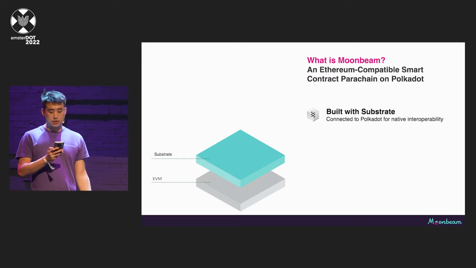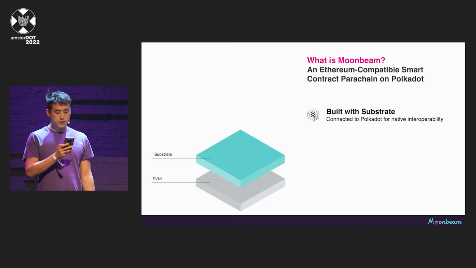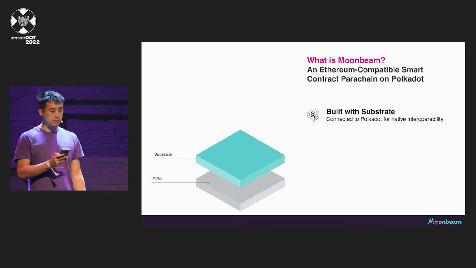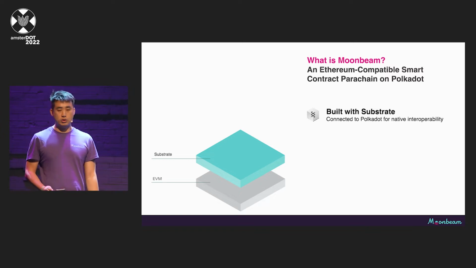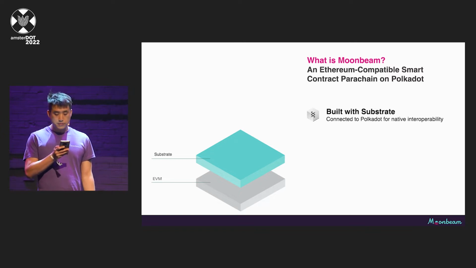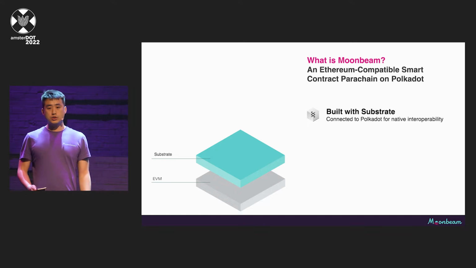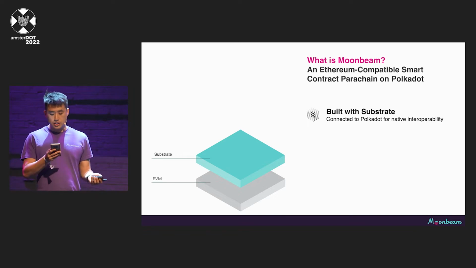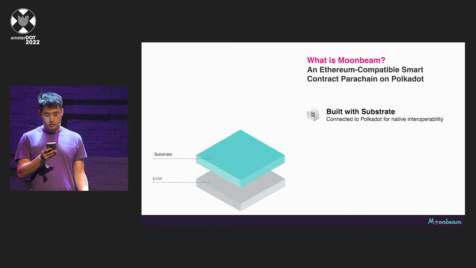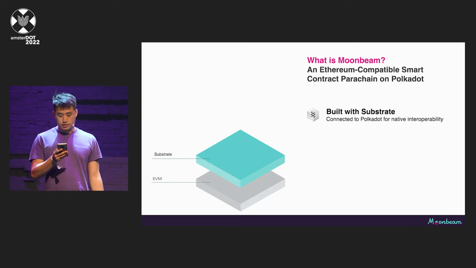Okay, so first of all, what is Moonbeam? We are an Ethereum compatible smart contract parachain on Polkadot. That means that we are built with the Substrate framework. But wait, because we are talking about EVM compatibility, why is this important?